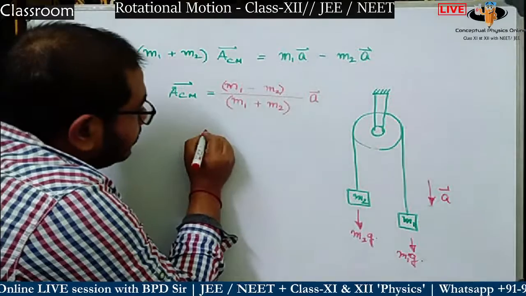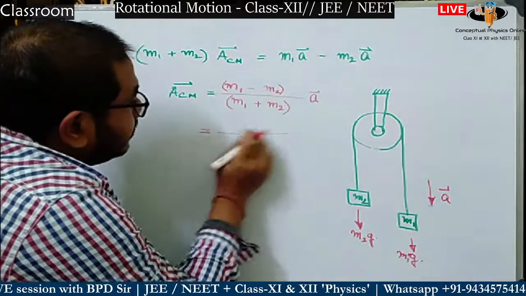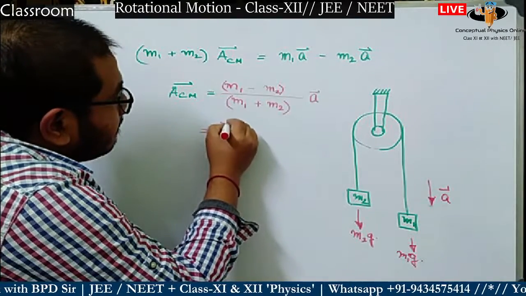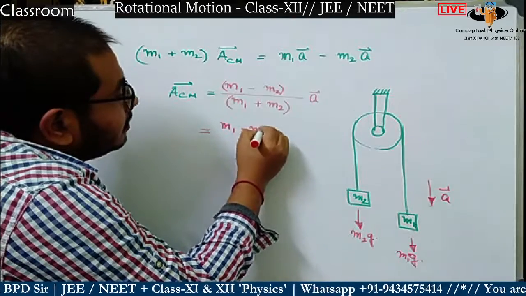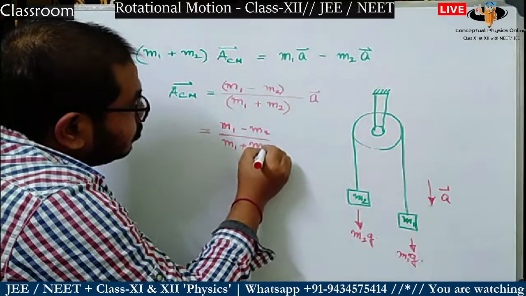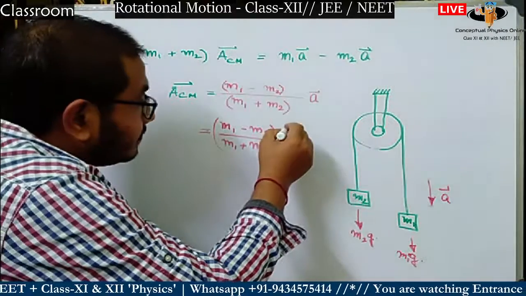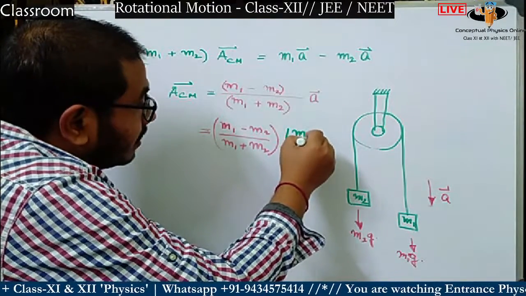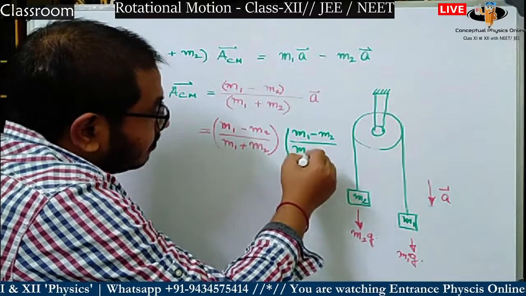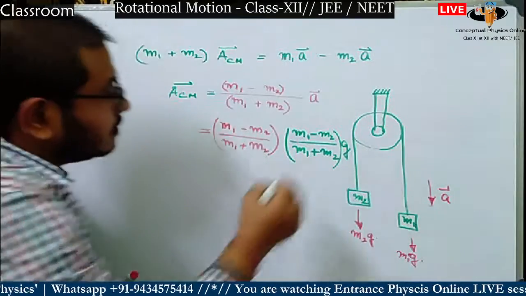So the change in calculation will be m1 minus m2 by m1 plus m2 getting multiplied with another m1 minus m2 by m1 plus m2 into g.